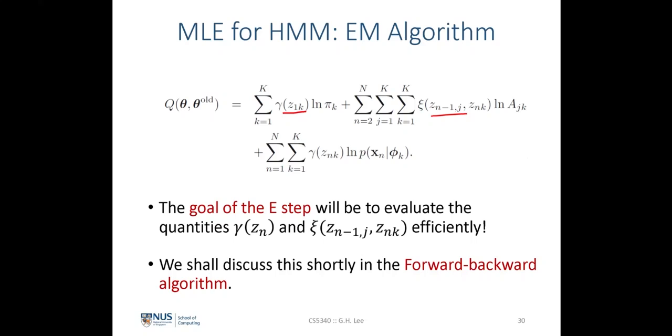We'll first talk about the maximization before we talk about how to evaluate these two terms effectively using the forward and backward algorithm. So in the expectation step, we need to evaluate these terms first, followed by a maximization step where we maximize over all the unknown parameters, keeping gamma and psi from the expectation step fixed.